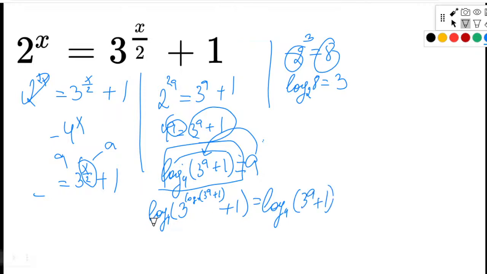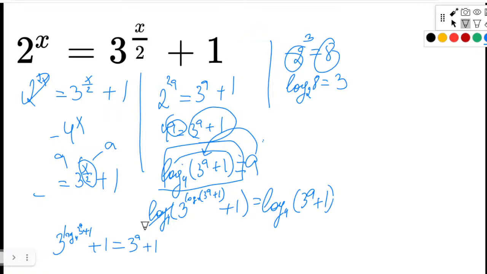And since logarithms are the same, we just get rid of them, and we will write that 3a plus 1 equals to 3 to the power of a plus 1.